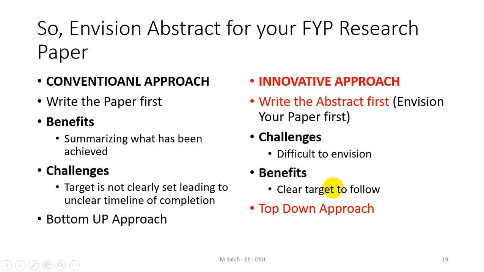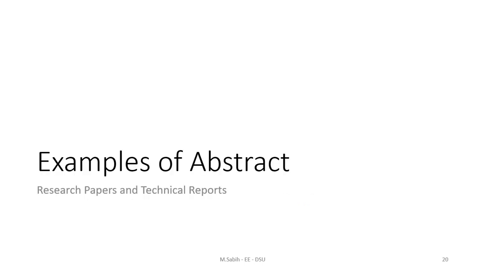It's a top-down approach, and I encourage you or challenge you that from now, with these five sections, try to envision your FYP. If you can think in these five terms, you will be able to have a very good research project.